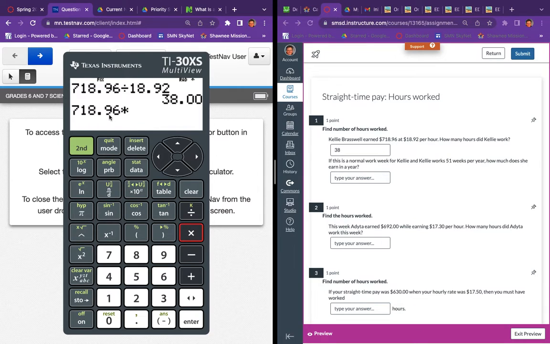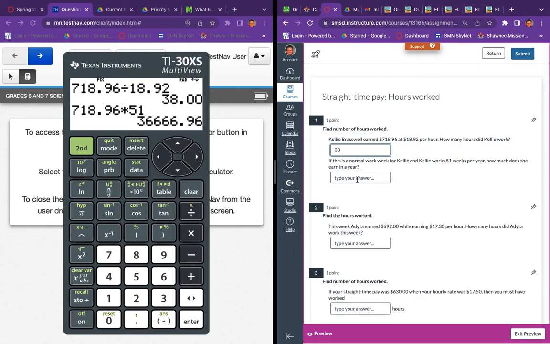And that's what she makes 1 week, 2 weeks, 3 weeks, 4 weeks, every week of the year. And she works for 51 weeks. So this is how much she makes every week. This is how many weeks she works.